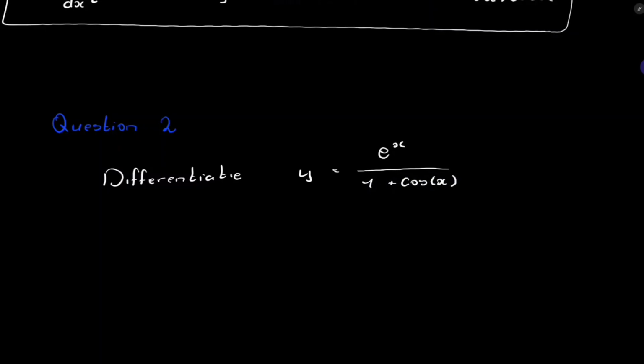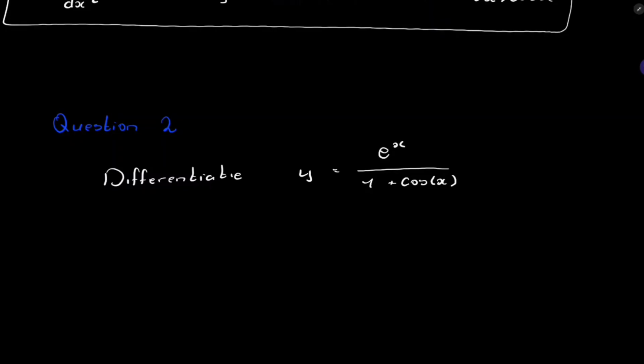When we look at this question, just like the previous question, we identify a numerator and a denominator. What does that tell us? We are working with a function which can be expressed as one function divided by another.